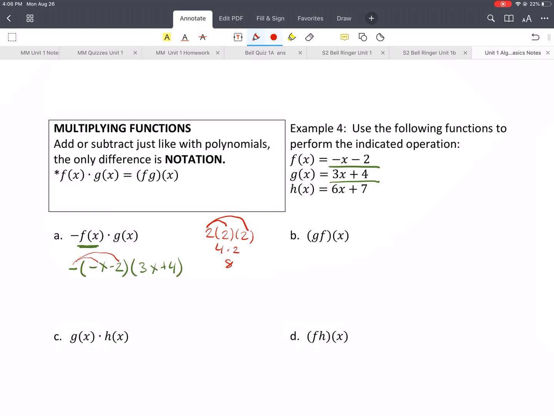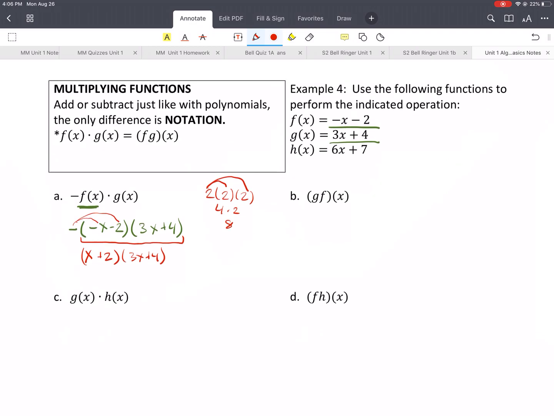Okay, so if we did that, we'd end up getting a positive x and a positive 2 times 3x plus 4. Okay, again, if you wanted to do those first and do the FOIL and then multiply it by a negative, that'd be fine. So here we would distribute. Here's 3x squared. And we do the outside.